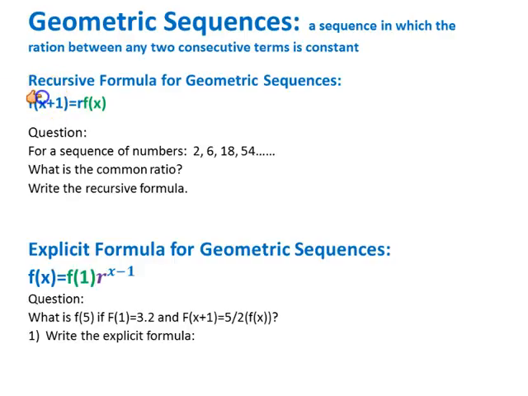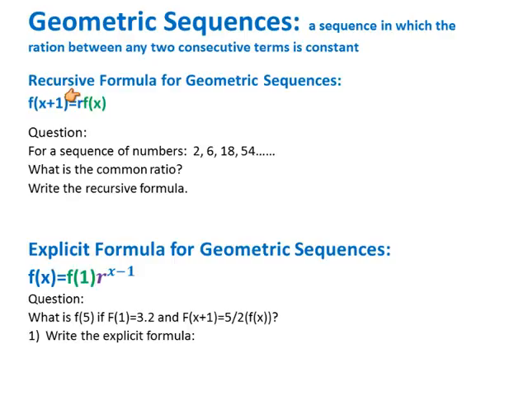If you start with the first value, x, and we want to figure out what the next value is in our sequence, that's why we say x plus 1, to say we're trying to figure out what the next number will be in our sequence. So that's where that plus 1 comes from.